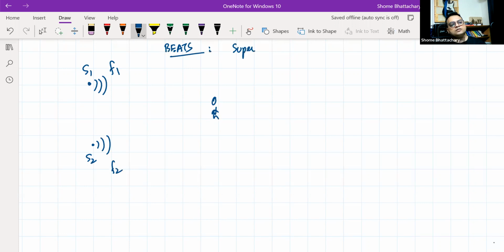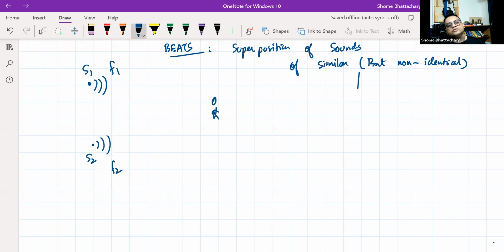The superposition of sounds of similar but non-identical frequencies.